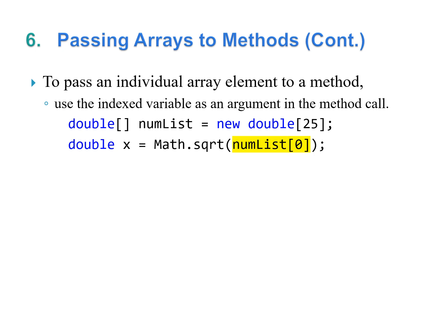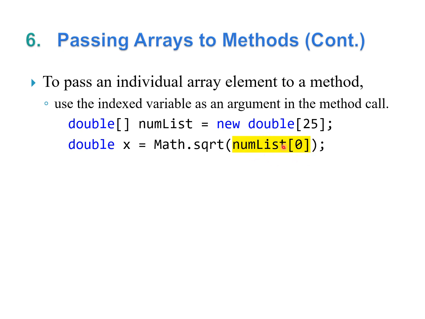Note that an array parameter is used to pass the entire array to the method. To pass an individual array element to a method, you use the indexed variable as an argument in the method call, just like passing an argument of the same type as the element type. For example, recall that the method sqrt in the Math class takes a double as a parameter.